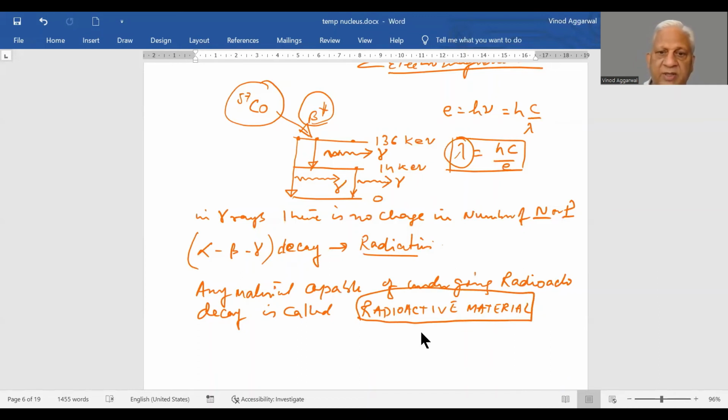So what is a radioactive material? A radioactive material is one which will give rise to either alpha, beta, or gamma rays, which are radiations, for whatever reasons. And when it does so, this material is called a radioactive material.